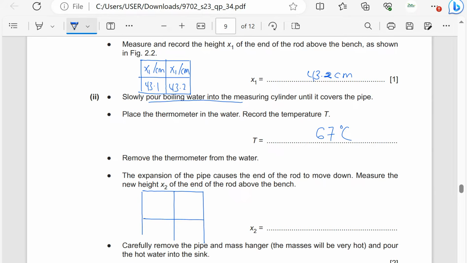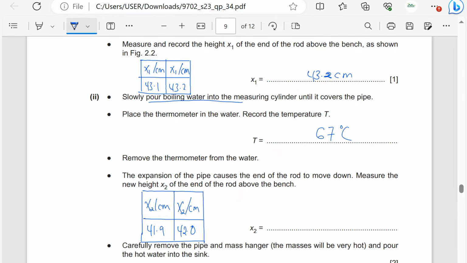Taking a repeated measurement was just because it was very hard to ensure that the ruler is vertical, but a single measurement could be accepted here. For x2, she did a first attempt and a second attempt. For the first attempt she recorded 41.9, and for the second attempt she recorded 42.0.